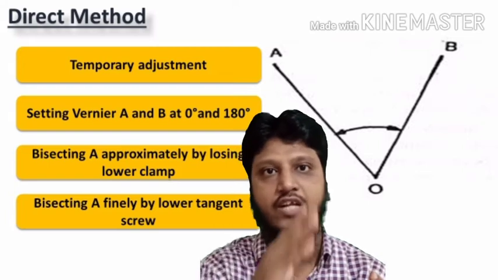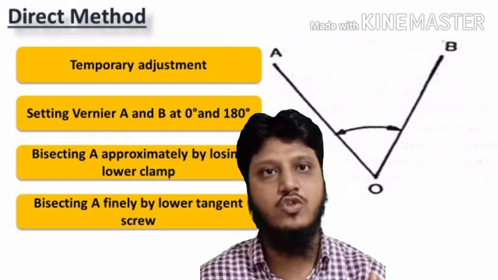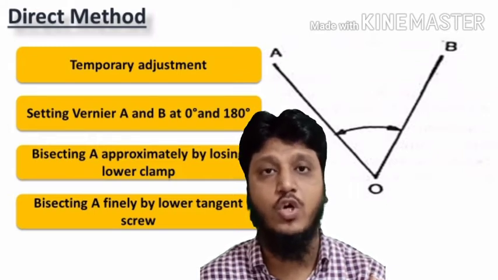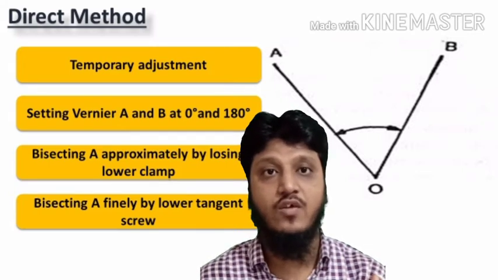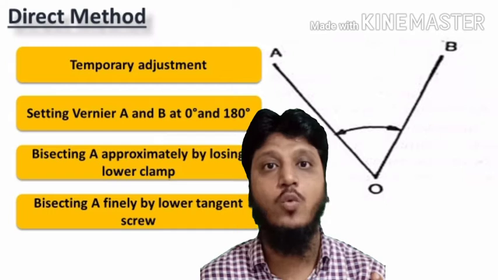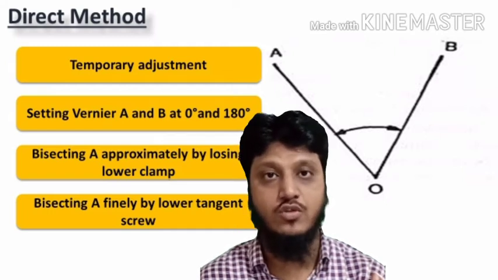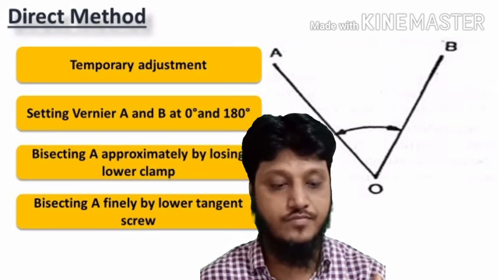That means at line OA the reading in vernier A should be 0 degrees. We have already set vernier A to 0 degrees, so we don't want it to change. That is why we are using the lower clamp and turning the telescope, so that the reading will not change.